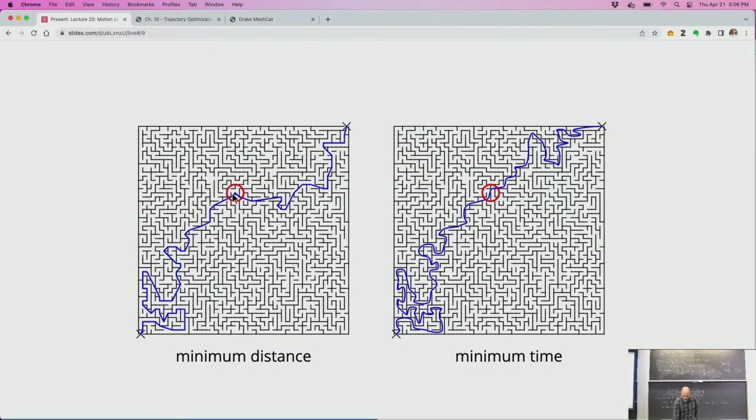And this was an example where if you just change the objective, let's say from minimum distance to minimum time, it'll take a different path through the maze, for instance. The generalization of this idea to the motion planning problem goes through an abstraction, which tries to bring this idea of continuous paths into this language of shortest path problems with optimization.